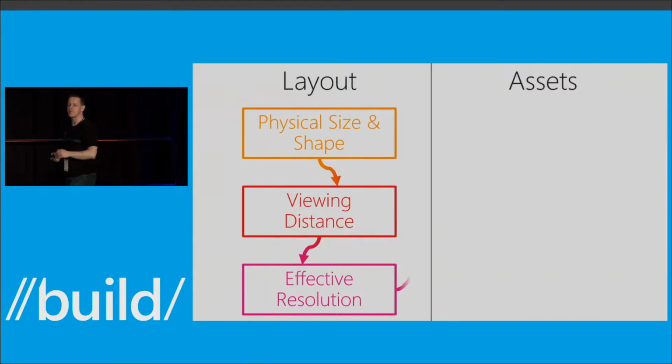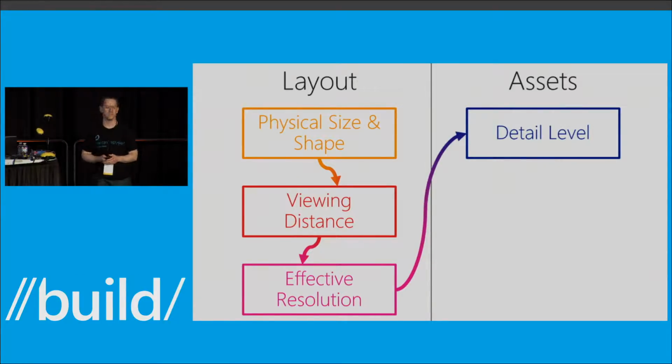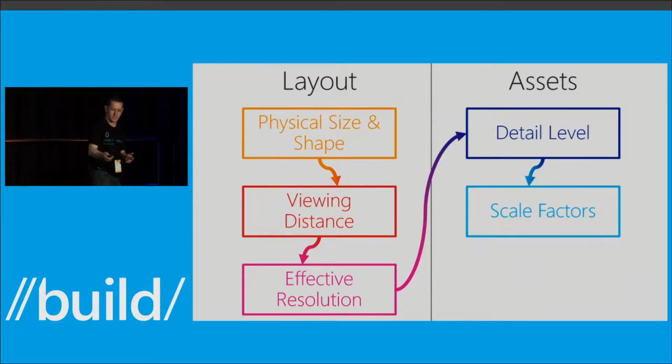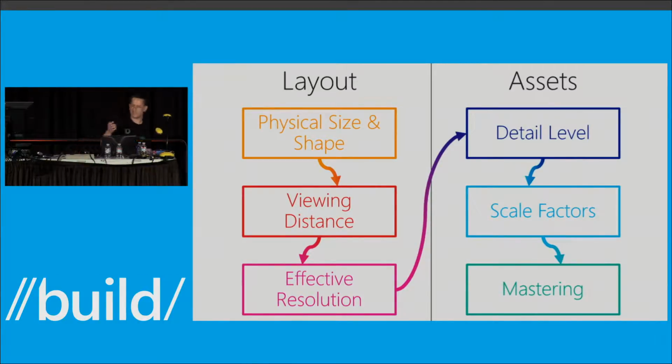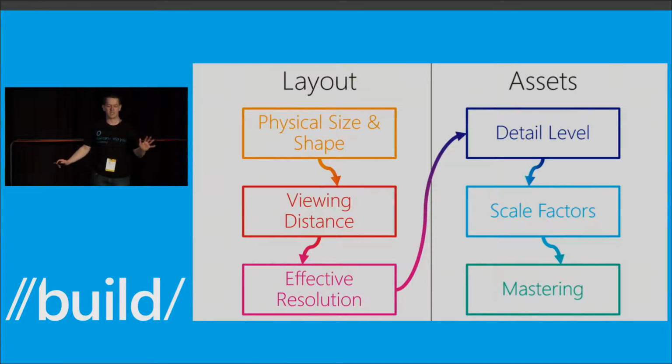After that, we'll then move on to assets, and we'll talk about the right detail level to have in your assets, how scale factors come into play, and finally, a little bit on mastering of your assets. Sorry, this thing doesn't work very far. So they are the 6 steps. We're going to start with the physical size one right now.